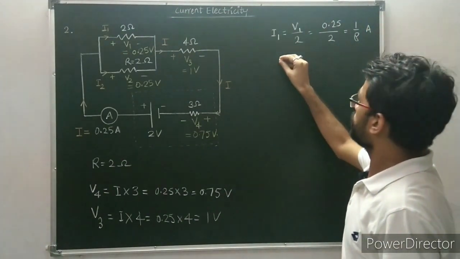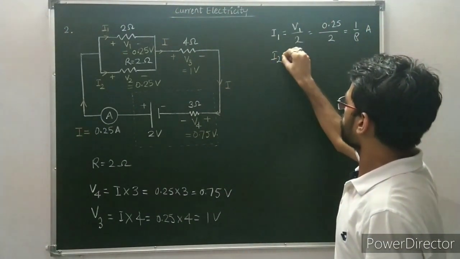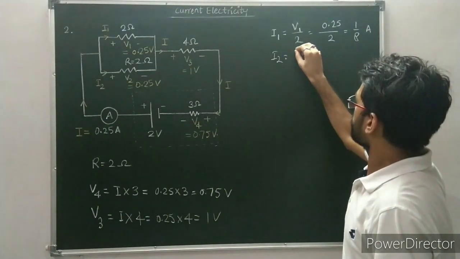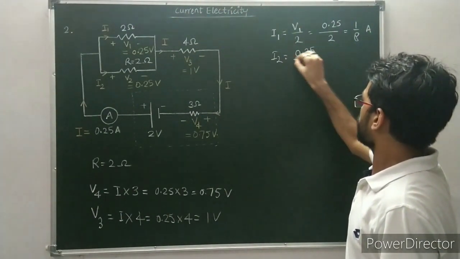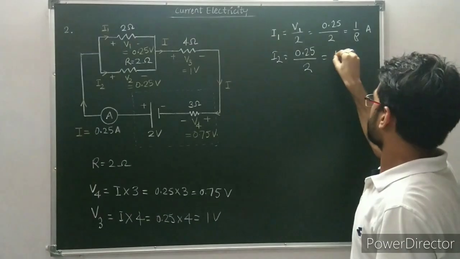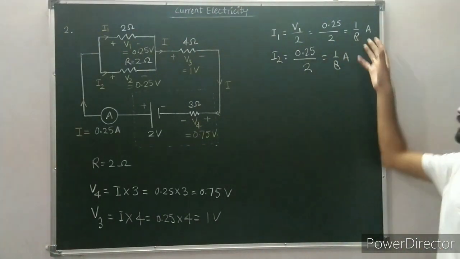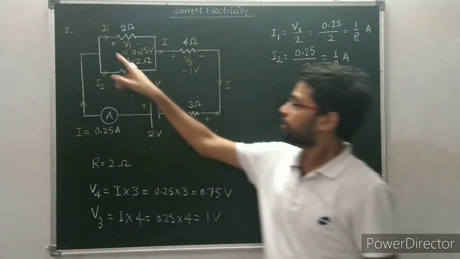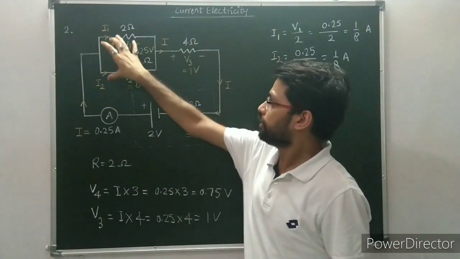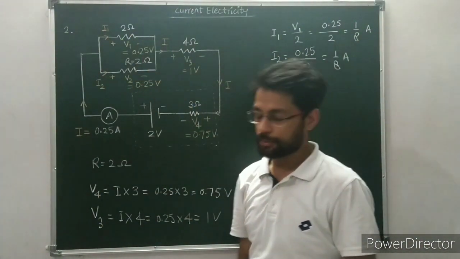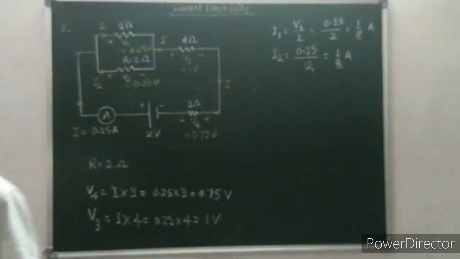And same current I2 is equals to 0.25 upon 2 is 1 by 8 ampere. So the same current will be in the two branches. Okay, so note it down.